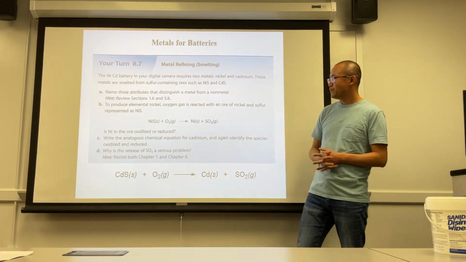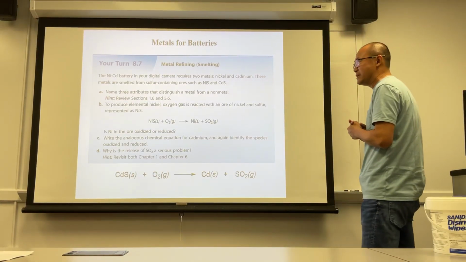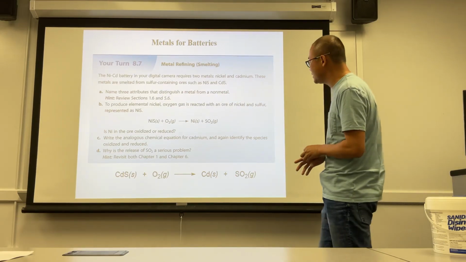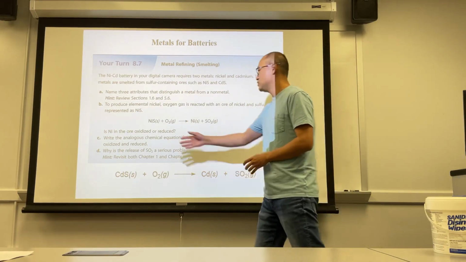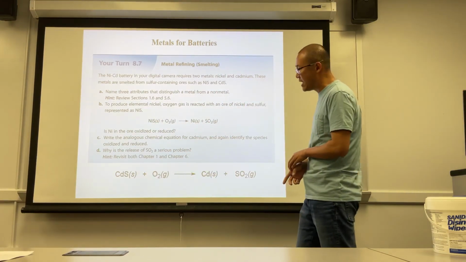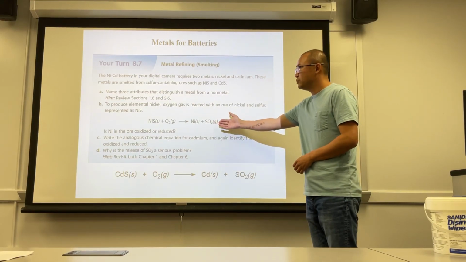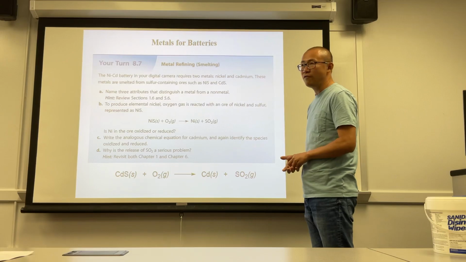Okay, so B. To produce the metal nickel, oxygen gas is reacted with the ore nickel sulfide. This is the formula of nickel(II) sulfide, and this is the reaction, using oxygen to get nickel out of nickel sulfide.